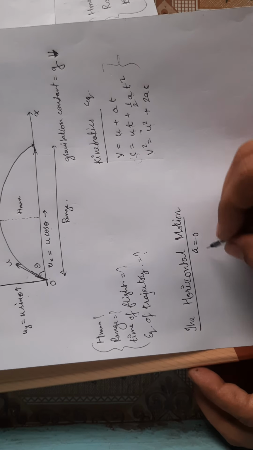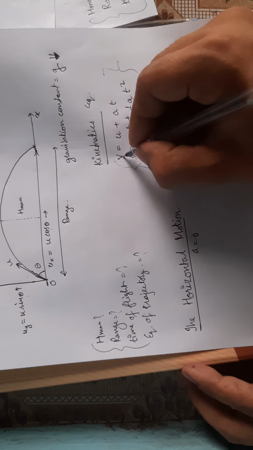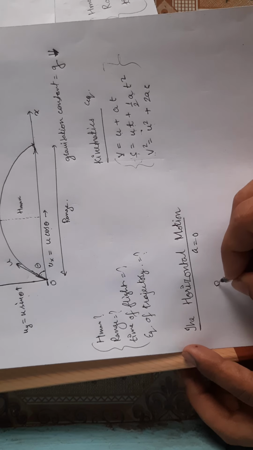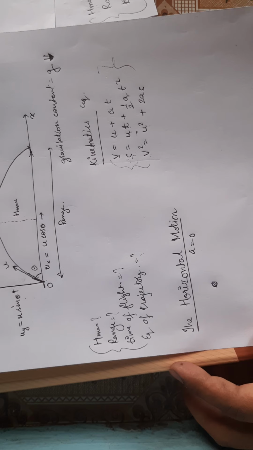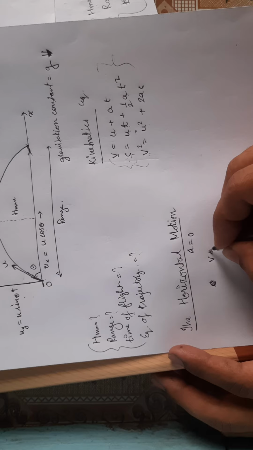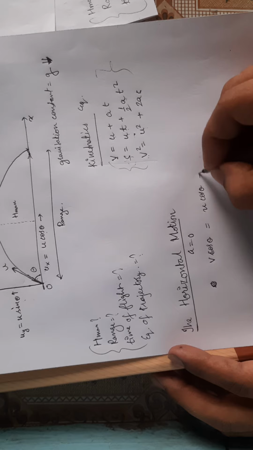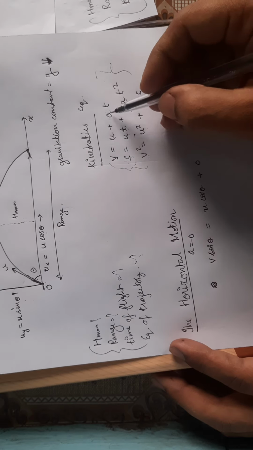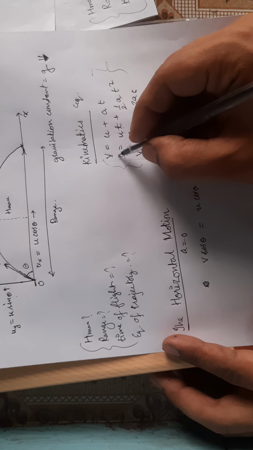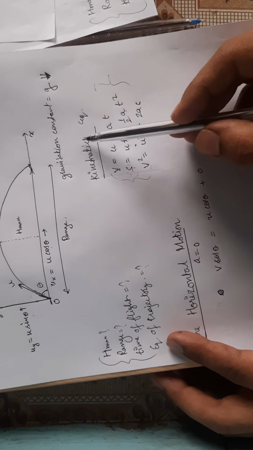Okay, so from the kinematic equations, v is the final velocity, so v cos theta is equal to u cos theta plus 0, due to a being 0. The second equation: s is the displacement along the horizontal motion, along the x-axis.